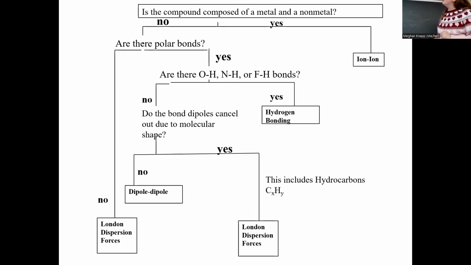So we're going to go over to, are there oxygen-hydrogen, nitrogen-hydrogen, or fluorine-hydrogen bonds? Is there an oxygen-hydrogen bond in this molecule? No. There's both an oxygen and a hydrogen, but the oxygen and the hydrogen are not bonded together. So now we're down at the question, do the bond dipoles cancel out due to shape?